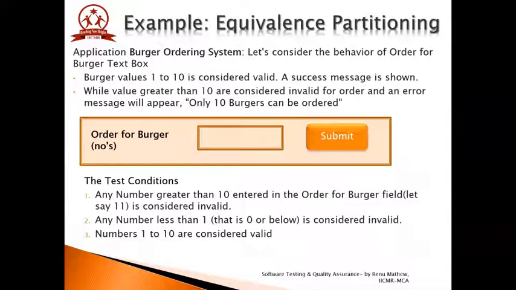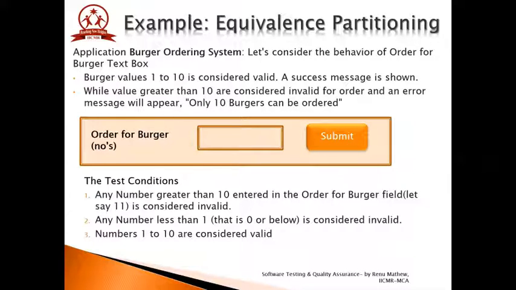For example, let us consider a burger ordering application. Let us consider the behavior of the order burger text box in the order form of the application. Burger order values 1 to 10 are considered valid. In such cases, a success message is shown, while values 11 and above are considered invalid for order, and an error message will appear that only 10 burgers can be ordered.